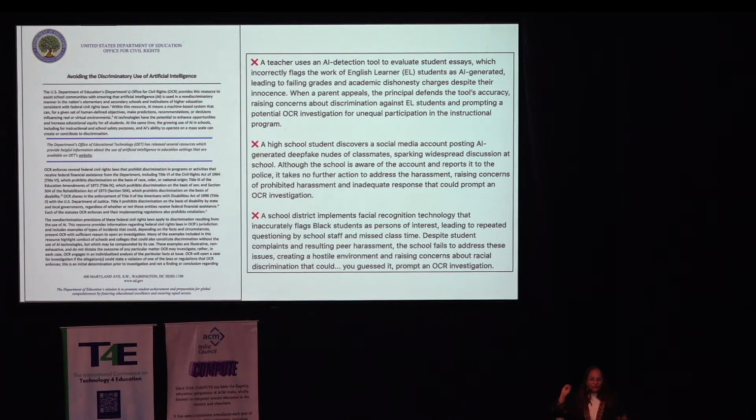If there were news of classmates being sent around and it was reported to the principal and the principal did nothing about it, people could be hauled up for that kind of thing. And if kids of certain races are being discriminated against by technologies like facial recognition, and the school does nothing about it, that can be an issue for the OCR.